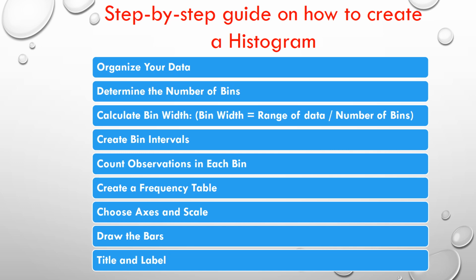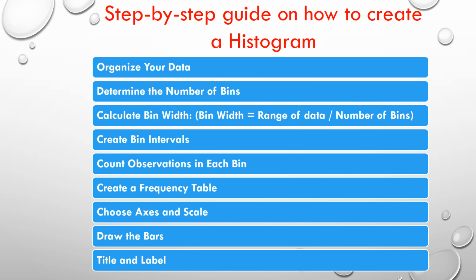After making the histogram, interpret the same for result. Means analyze the histogram to understand the distribution of your data. Look for patterns, central tendencies, and any other features that provide insights into your dataset.